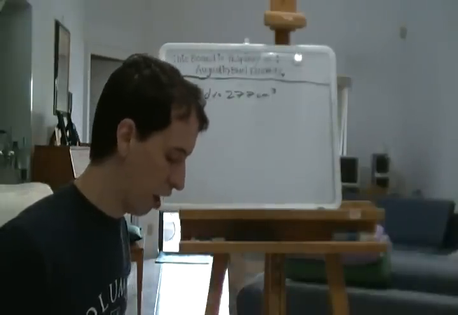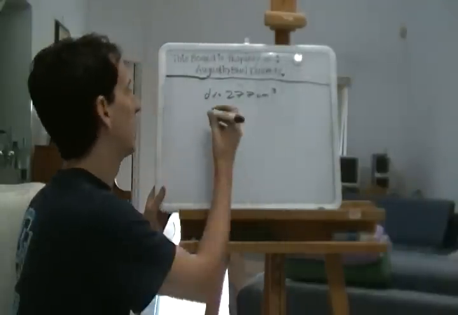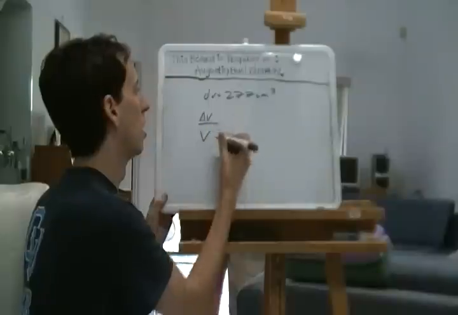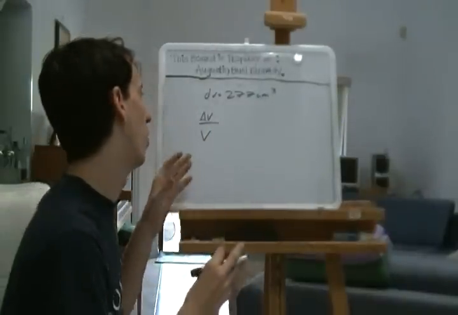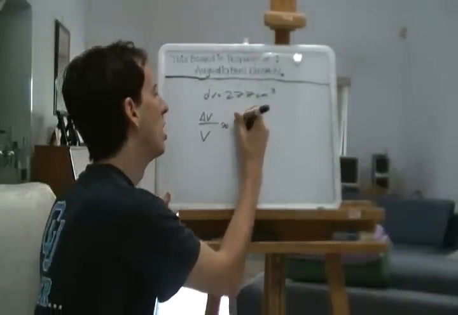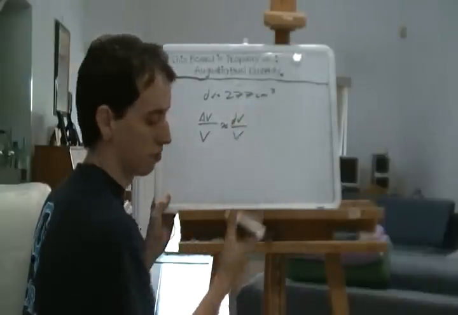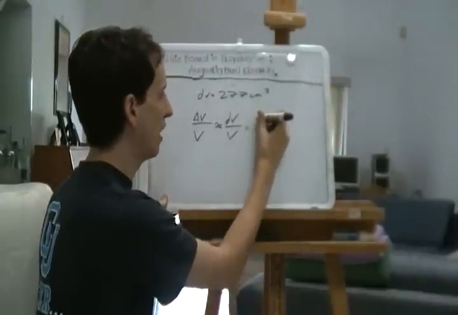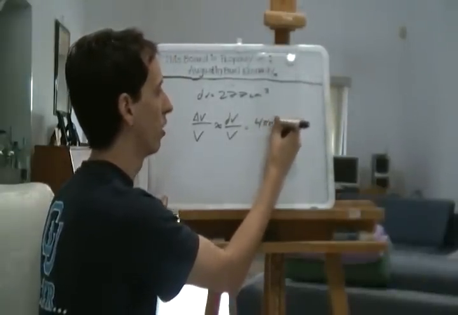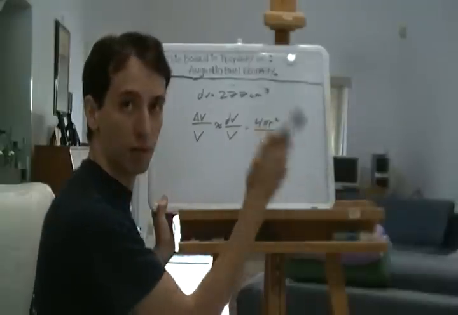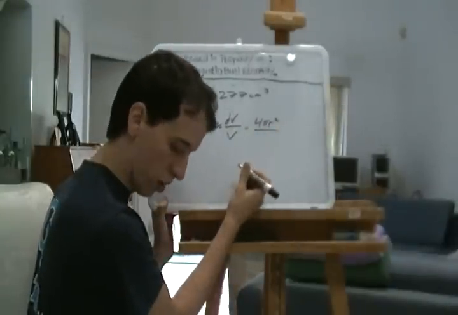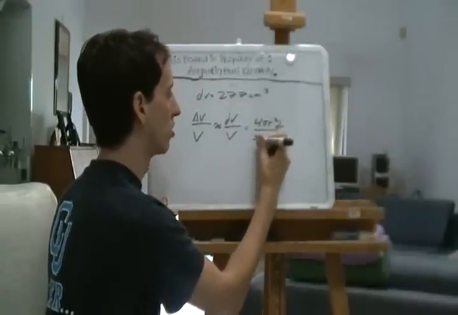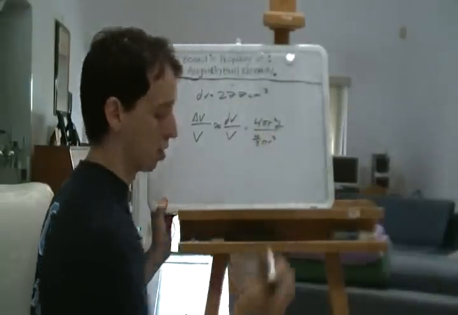The way that we figure out relative error is we take delta V over V, which is approximately equal to dV over V. Now dV is 4 pi r squared dr, and V equals 4/3 pi r cubed.